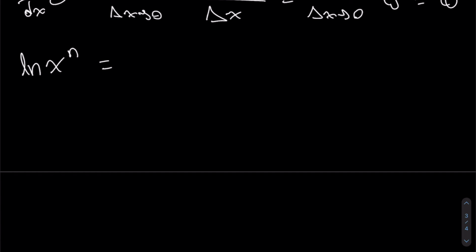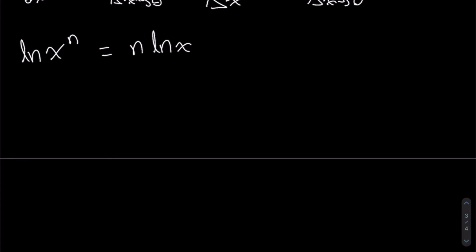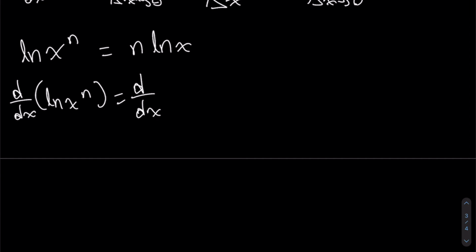And if you remember how logarithms work, properties of logarithms, the exponent can come down and be multiplied by it, and that'll be the same thing. So now I'm going to take the derivative of both sides. So I'm going to take the derivative of ln of x to the n and the derivative of n times ln x.